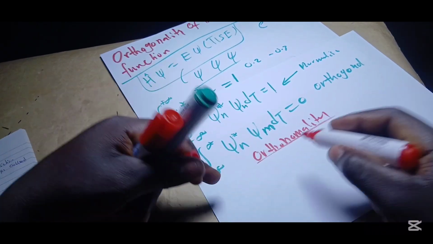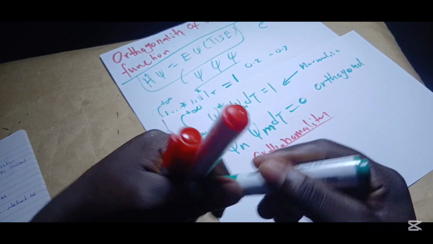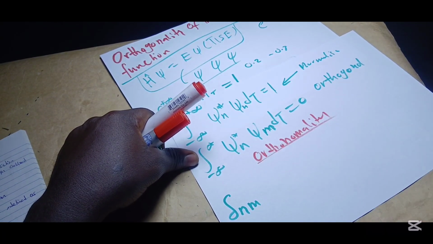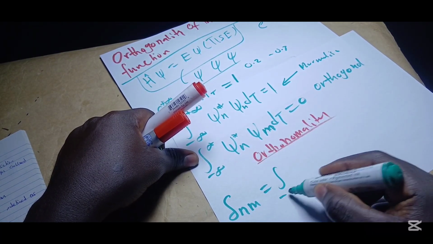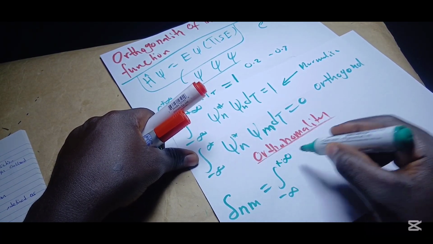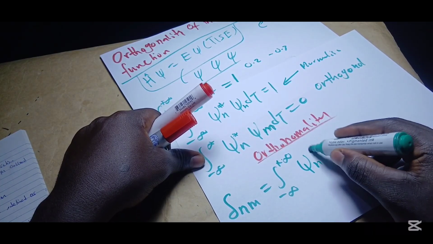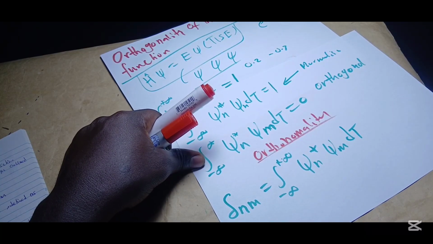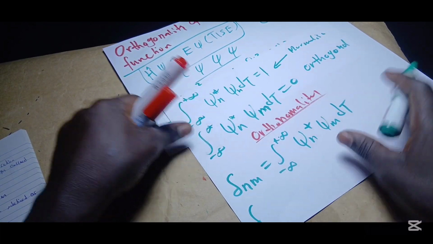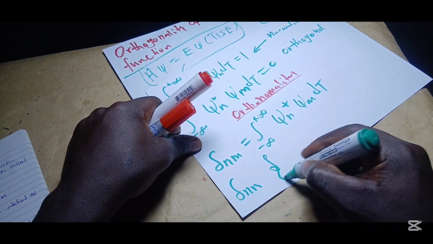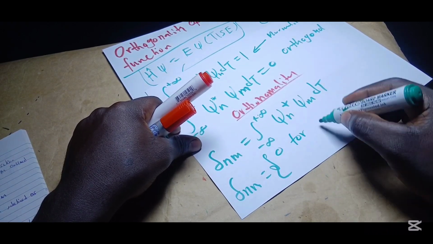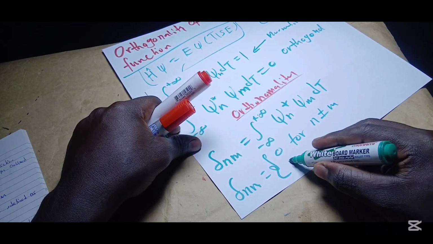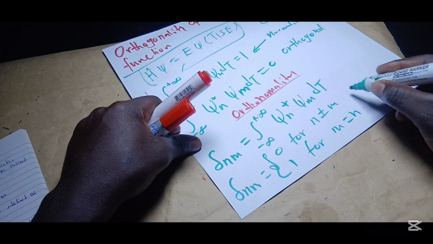Combining these two ideas, normalization and orthogonality, we represent it by delta nm equal to the integral from negative infinity to positive infinity of psi n complex conjugate, psi m, the volume element, where we define delta nm to be 0 for n not equal to m, and 1 for m equal to n.